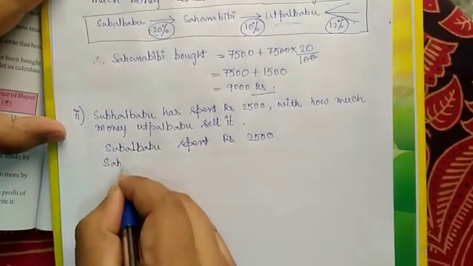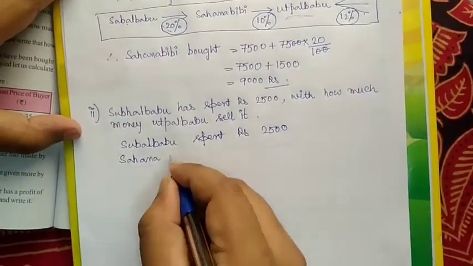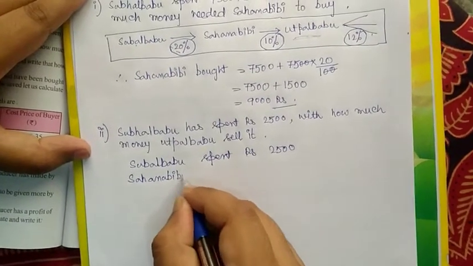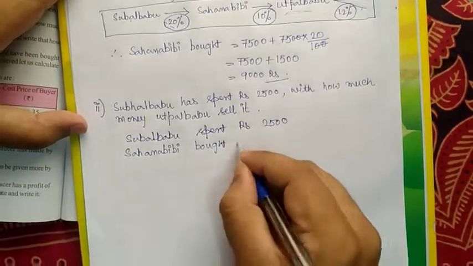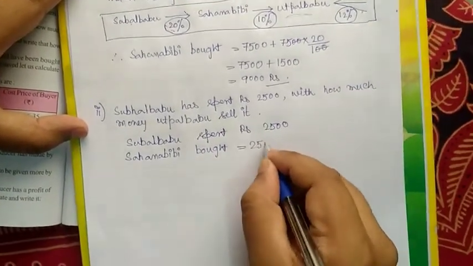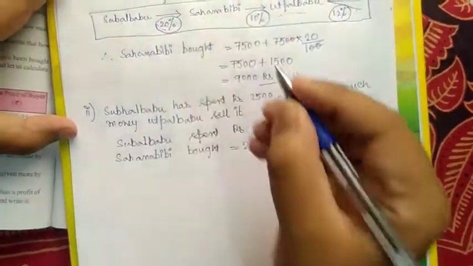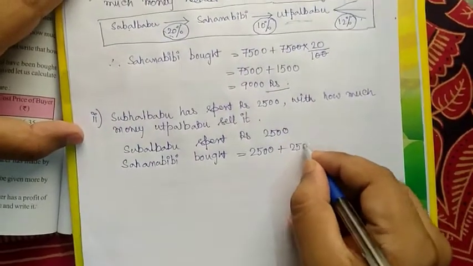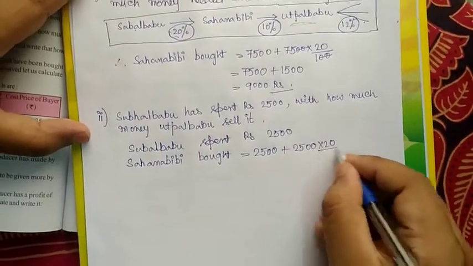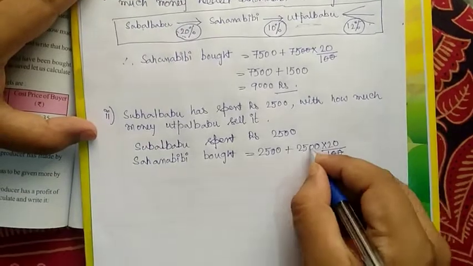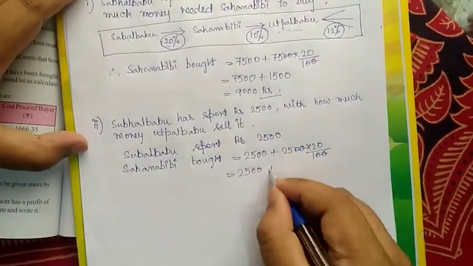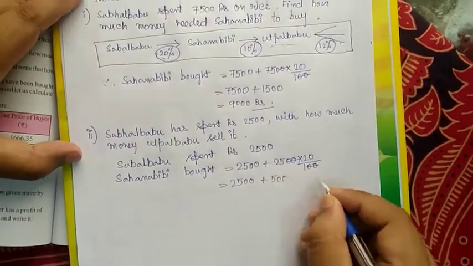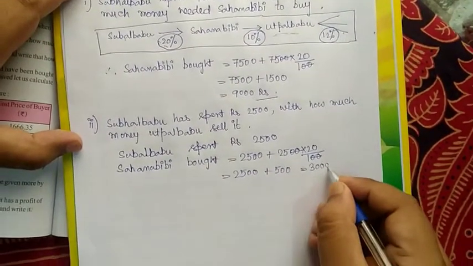So Shahana Bibi bought at CP 2500 plus 20% profit, 2500 into 20 by 100. So 2500 plus 500 equal to 3000 rupees.